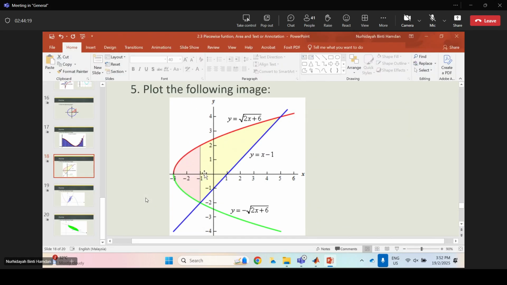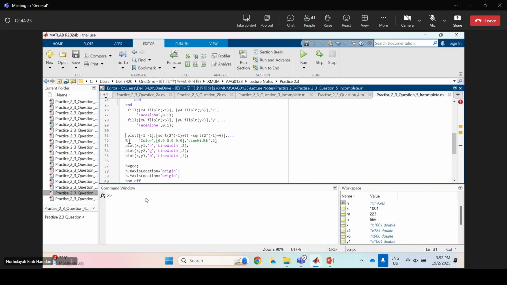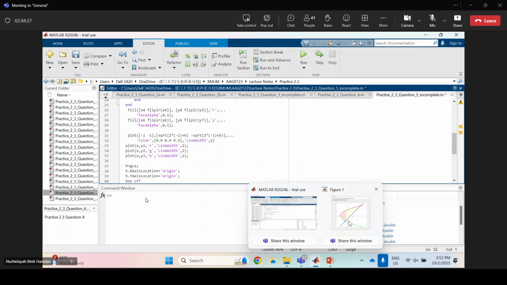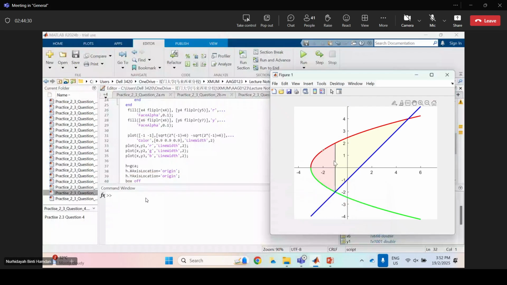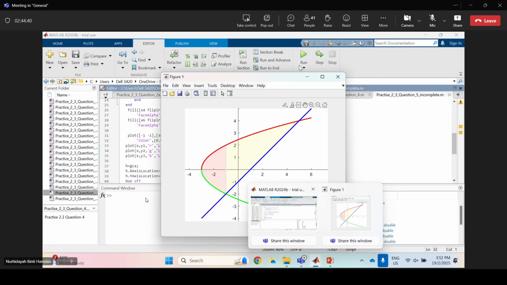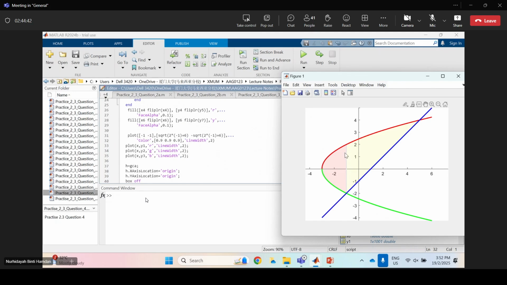Then I put the color, because by default MATLAB puts this red or black color. I want it in gray. So 0.9, 0.9, 0.9 is gray color. So you see here it is in gray color. Plot 1, -1, so 1, -1 is here.